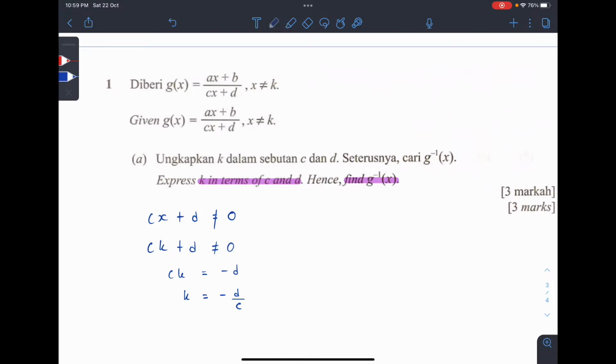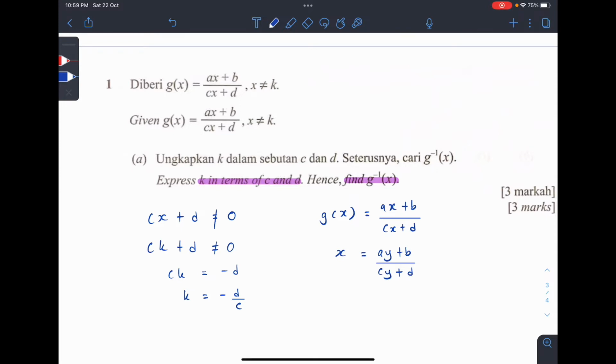Okay, so write down your equation first: g(x) equals (ax plus b) over (cx plus d). There's many ways to do this. Probably what I'll do is I'll write this as x, and I'm gonna change all the x on the right side to y, so (ay plus b) over (cy plus d).